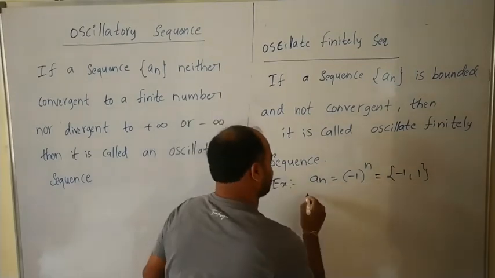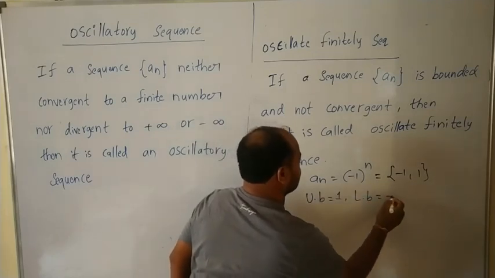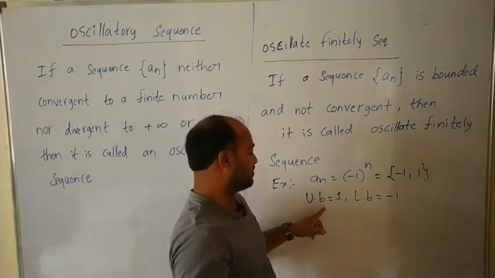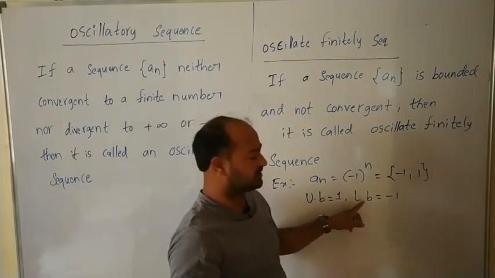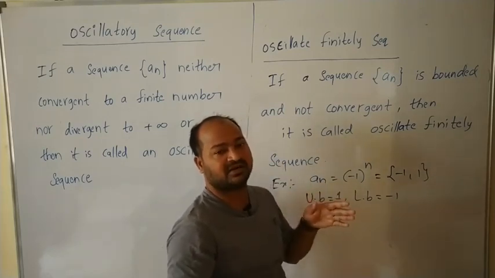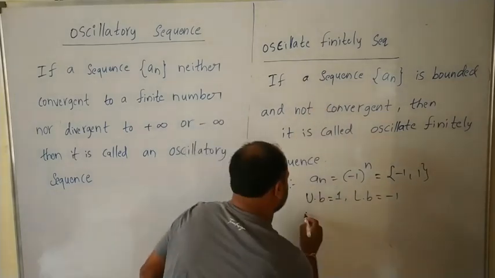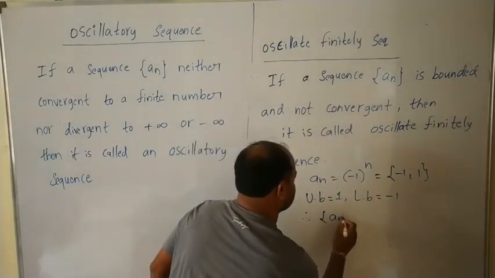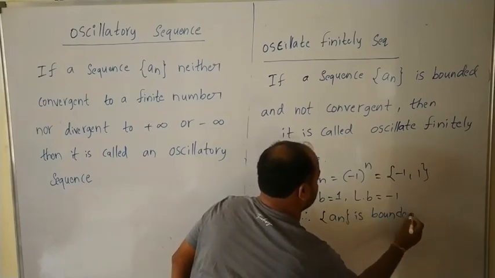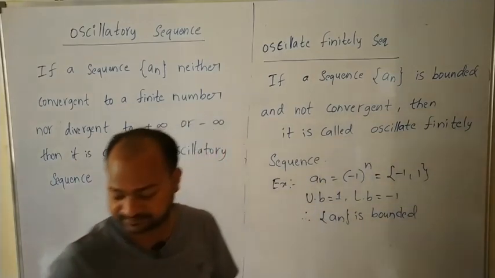The upper bound is 1, the lower bound is minus 1. Therefore the upper bound exists and the lower bound exists, so the given sequence is bounded. Bounded is nothing but upper bound exists and lower bound exists. Therefore an is bounded.